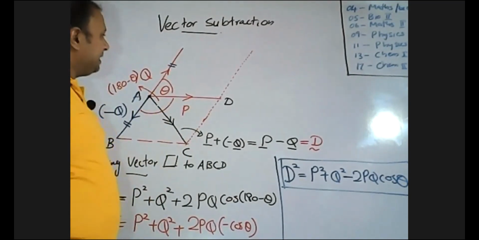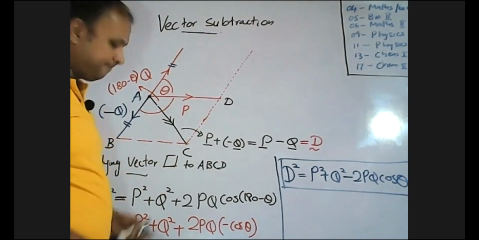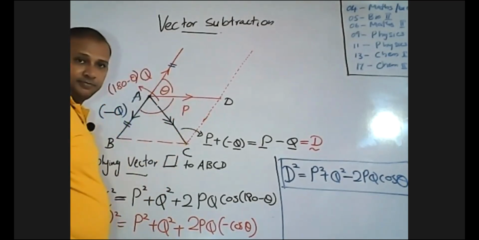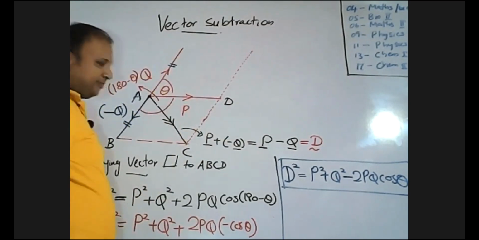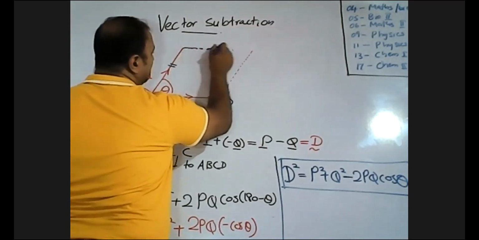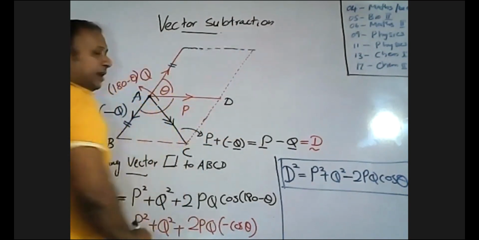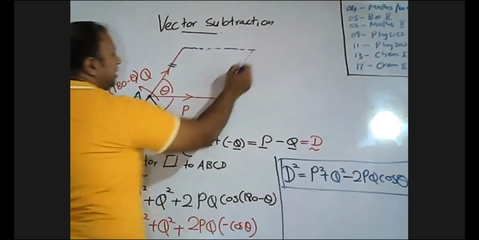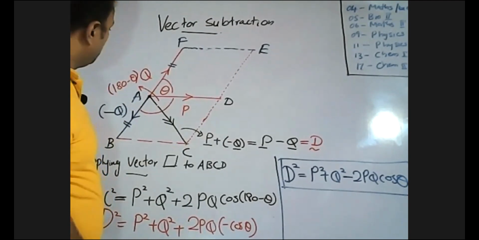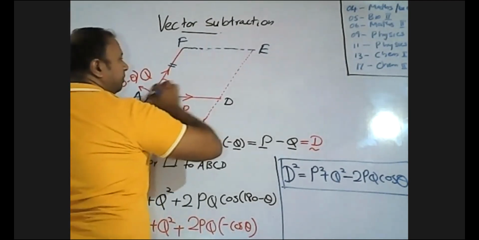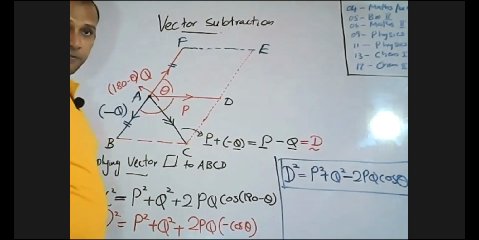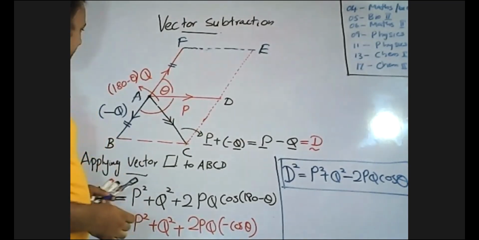Now I can take another relationship. Look at this. I can complete this parallelogram too. Suppose I complete this one, with vertices A, B, C, D, E, F. From AE, I will have the resultant of P and Q. Look at this one.